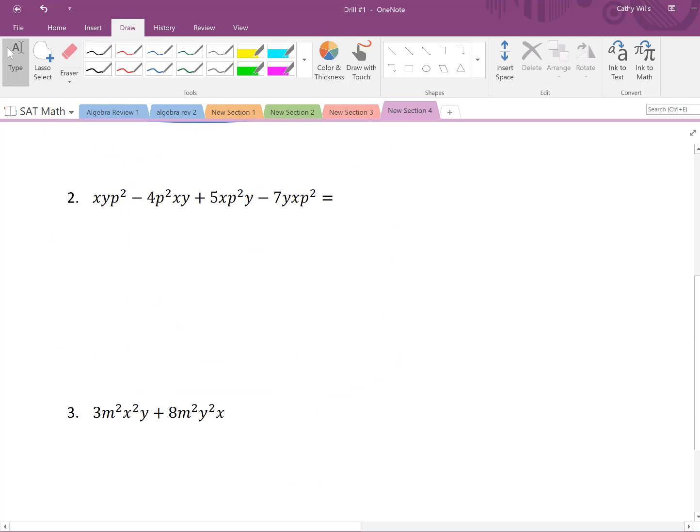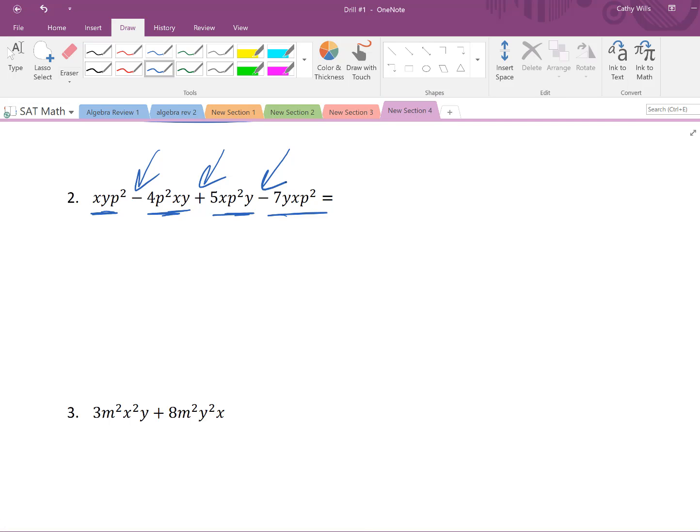All right, number 2. These don't necessarily look like like terms right now because they're all mixed up. By the way, there are 1, 2, 3, 4 terms separated by pluses and minus signs. To help figure out whether they are like terms, first of all, get them in alphabetical order.